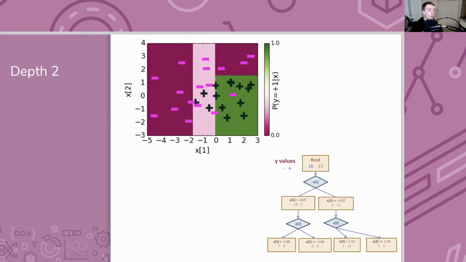As you have more and more splits, you can imagine that the probabilities change. If you have a subset of the data in one leaf node that's pure, meaning that it's all of one class, the probability of belonging to that class will be 1 because there are no examples that aren't in that class. Whereas where it's a bit muddier, where there's more mixing, then you have a probability closer to 0.5.